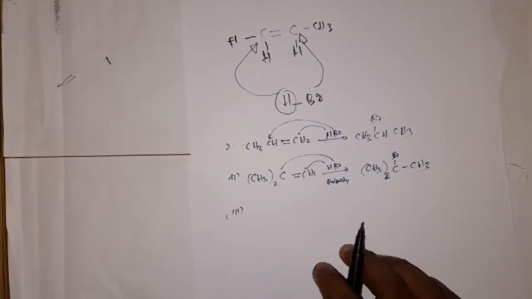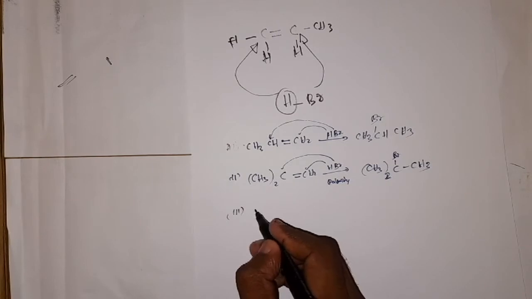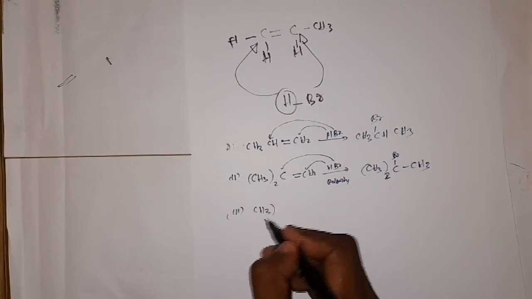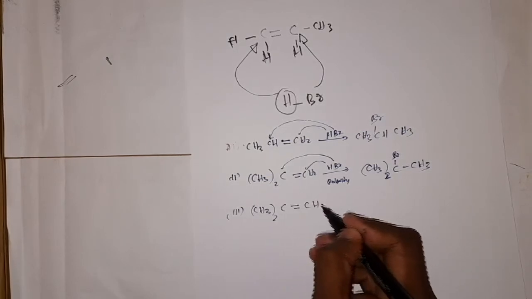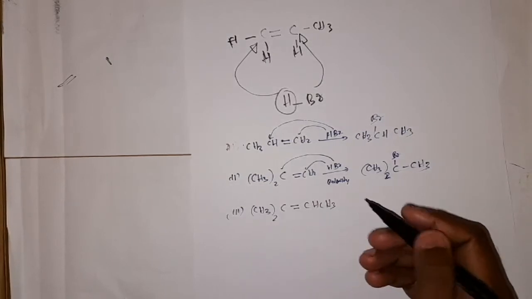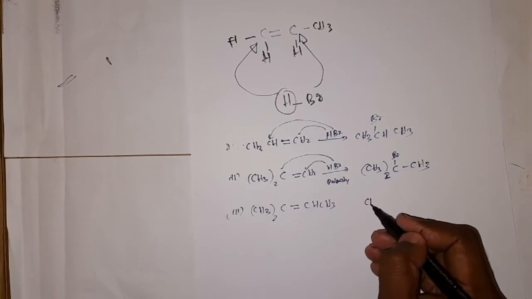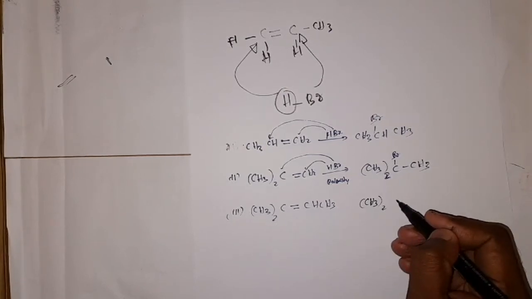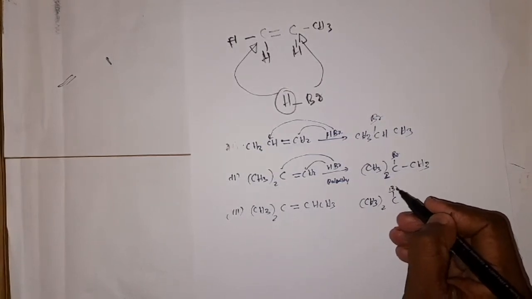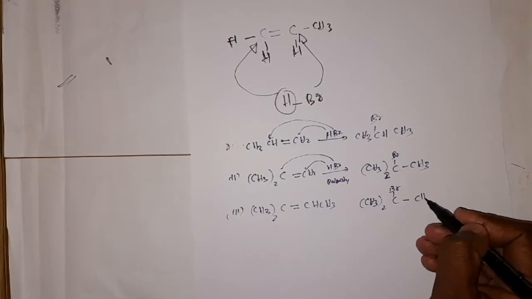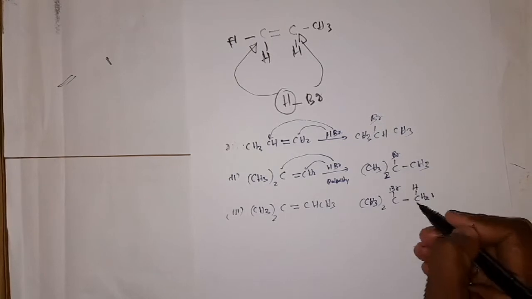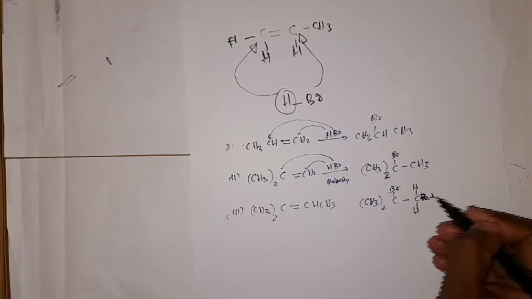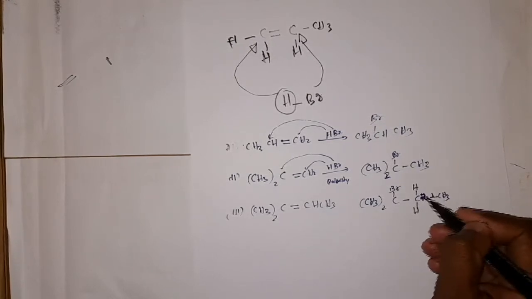Okay, so the third one, (CH3)2C double bond CH CH3. Then the final answer: (CH3)2C Br here, and here CH2, hydrogen and hydrogen, and then CH3 on this side.